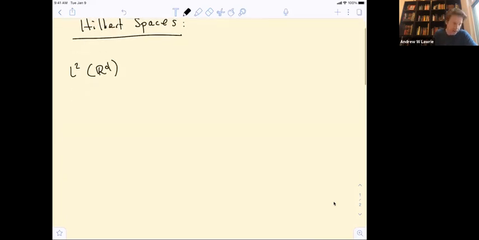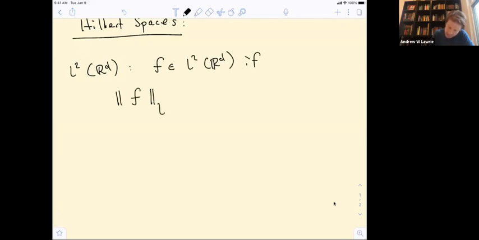What is this space? The L2 norm: we say f is in L2 of R^d if its L2 norm is finite.